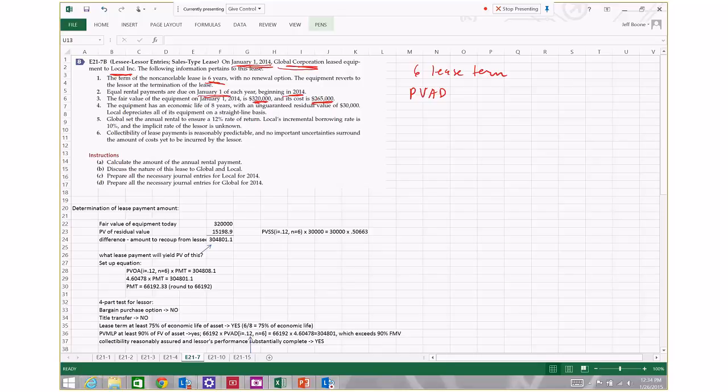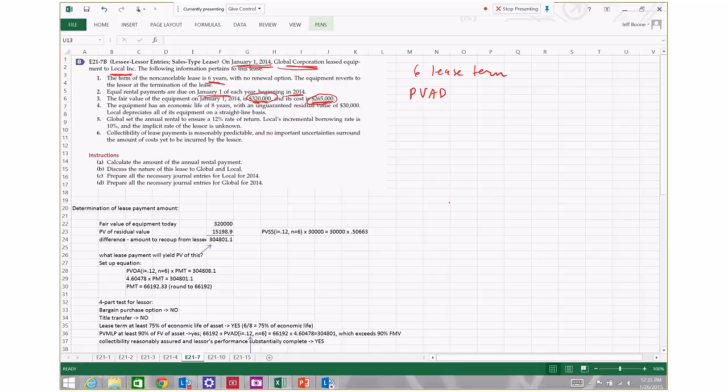The reason it will be classified as a sales type lease is because there's dealer's profit present in the transaction, because the cost of the equipment to the lessor, $265,000, is less than the fair value of the equipment, which is $320,000.